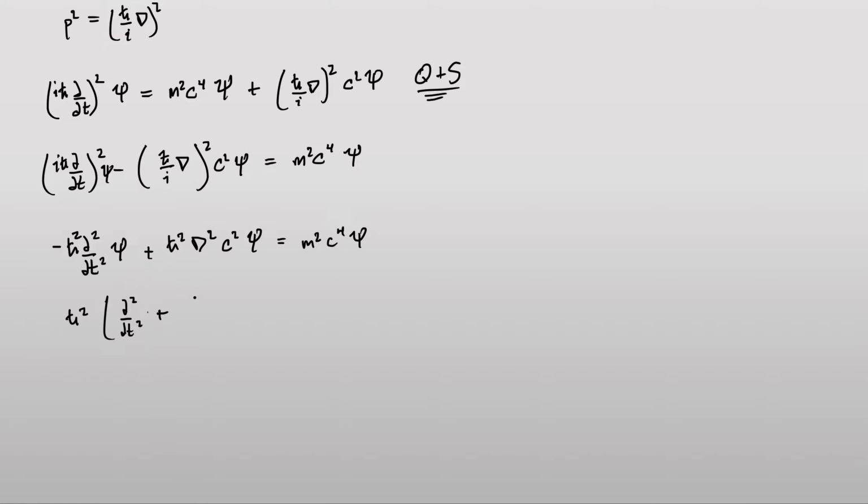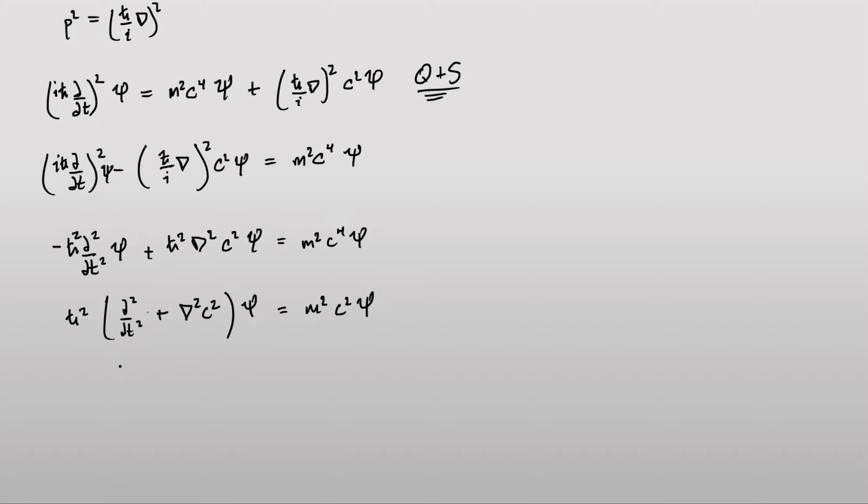Plus c squared psi equals m squared c squared psi, like that. All right, so literally all I've done is I've taken an h bar out, and I've taken a psi out to the side to make it look like an operator acting on the wave function.